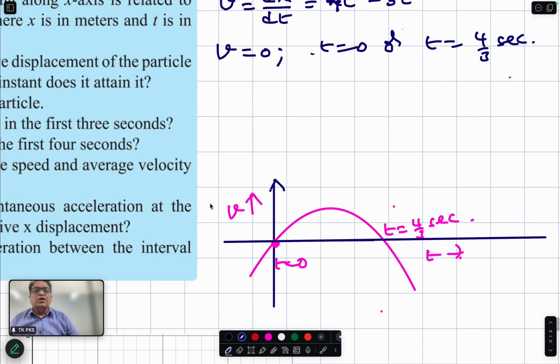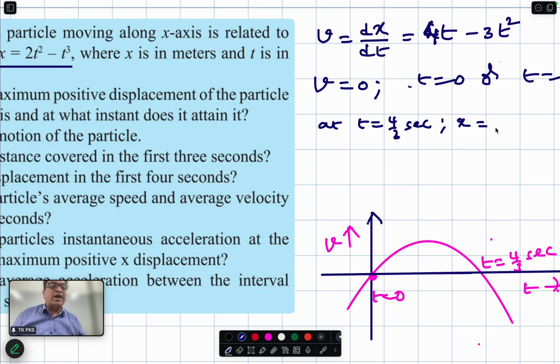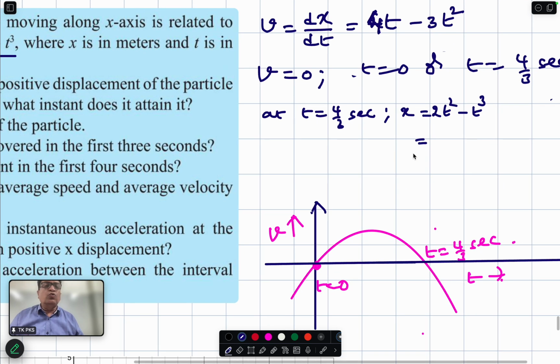No issues. Yes, t is equal to 4/3 seconds. Okay. x is 2t square minus t cube, which means 2 times (4/3) square minus (4/3) cube.